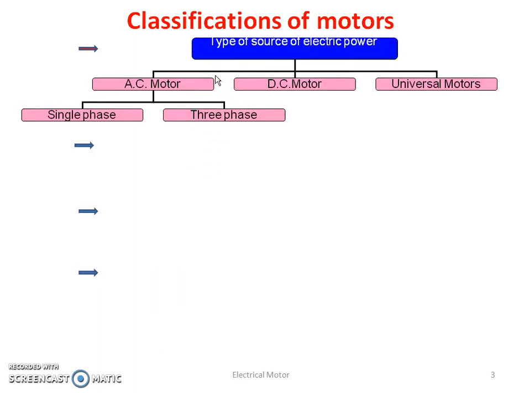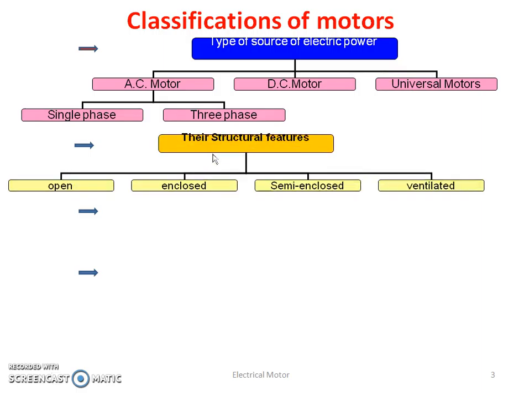Motors are classified first based on their type of source. It may be an AC motor, which may be single phase or three phase, or the motor may require DC supply, or the motor may require AC or DC both. Secondly, they are classified on structural features.